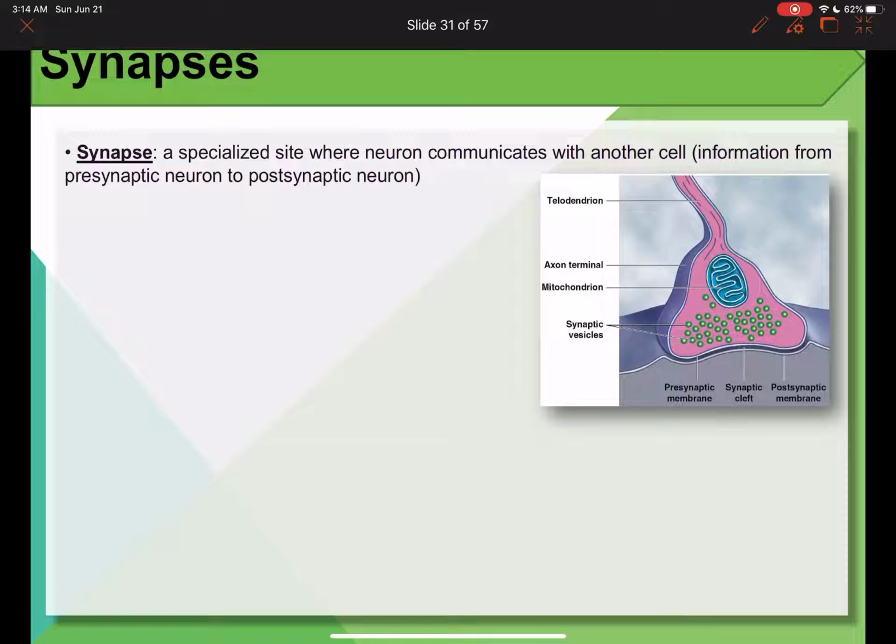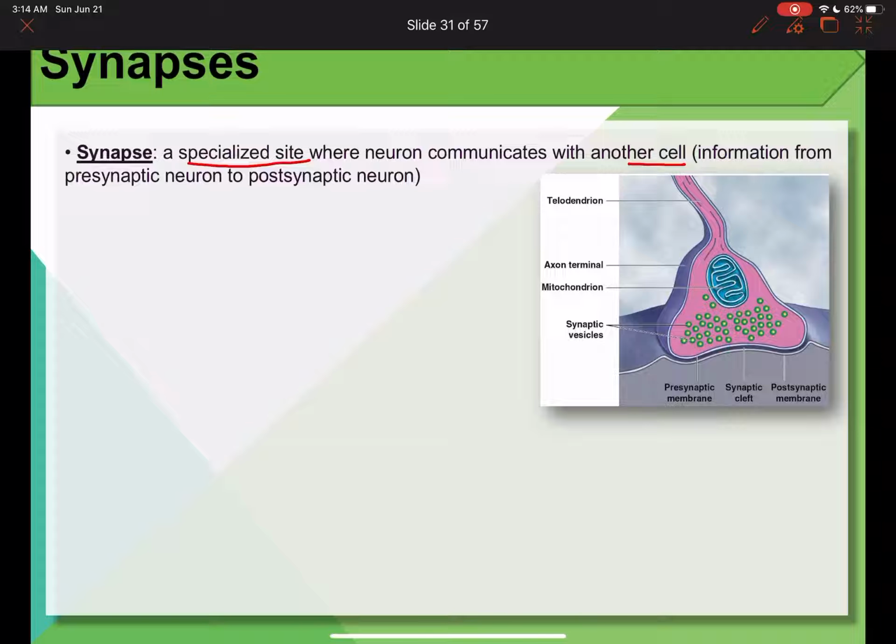So that's what we talked about, is that they got to synapse with each other in order to allow that electrical signal to go through sensory neuron, interneuron, central nervous system, and then maybe to another interneuron, and then back out in your motor neuron. So at the end of one neuron, the axon terminal would synapse on another neuron's dendrites or cell body. And synapse is what we call a specialized site where the neuron communicates with another cell, whether it is a neuron or a muscle fiber.